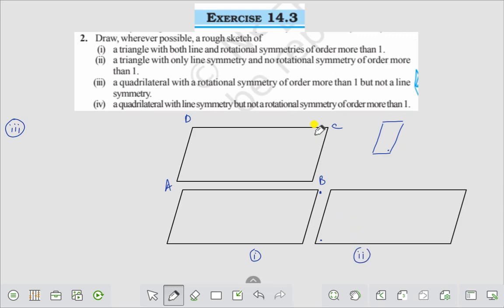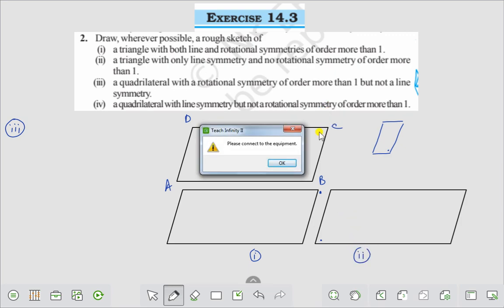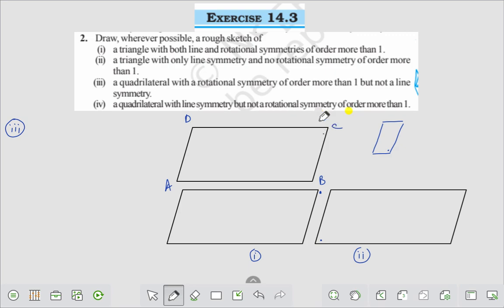Once again, if I take the point here and rotate, it will come here, and if you rotate again, it will come here. That means in two positions we get the rotational symmetry. The order of symmetry is 2.